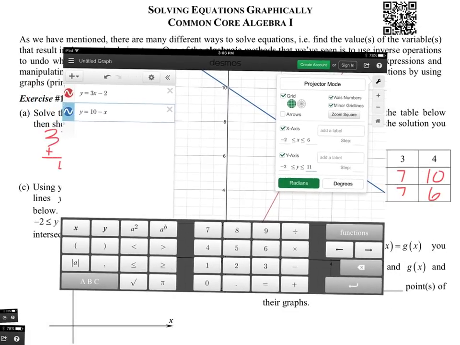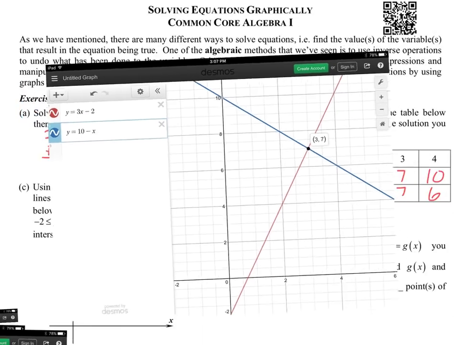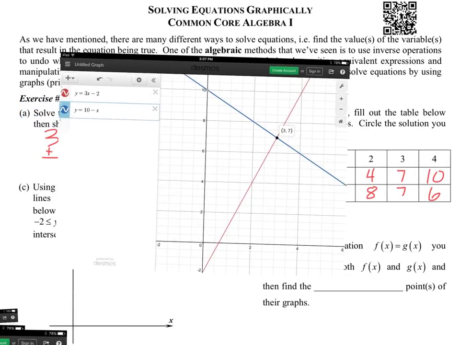Then I used the little wrench up in the top right corner, and I changed where the x-axis goes from negative 2 to 6 and y goes from negative 2 to 11, and I'm going to press the wrench again to get rid of that window. By doing so, I now have this screen, and if I tap the little dot, it tells me where they cross.